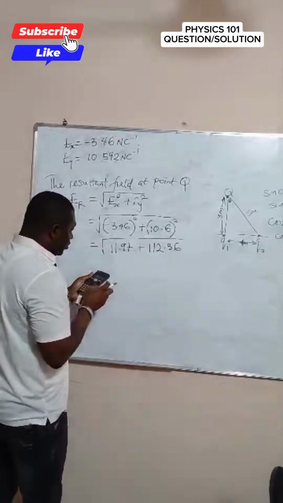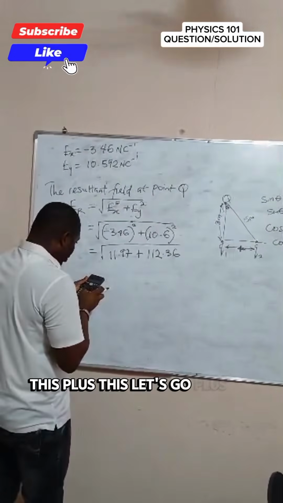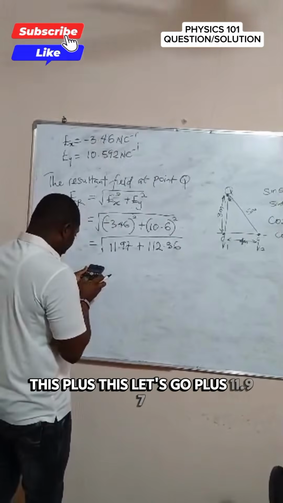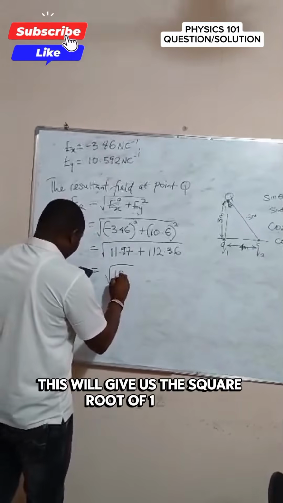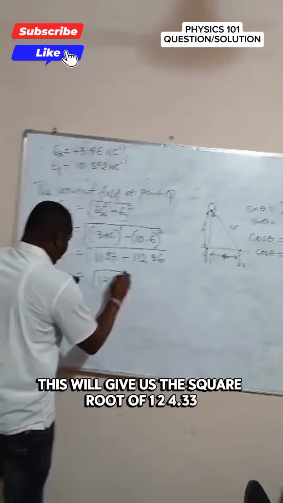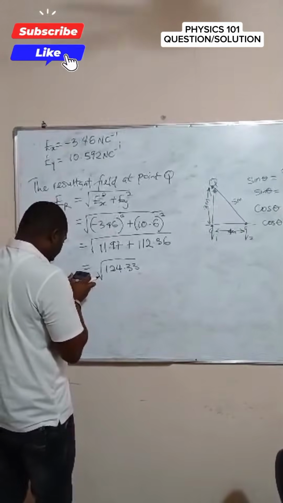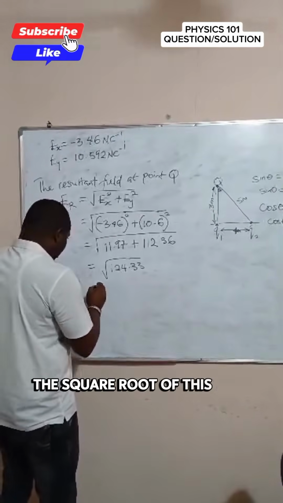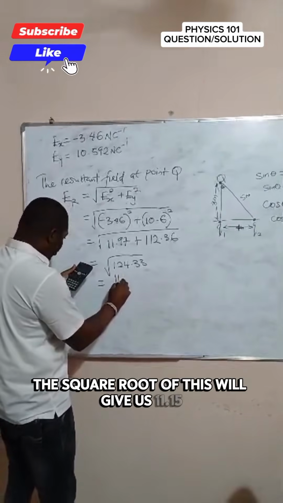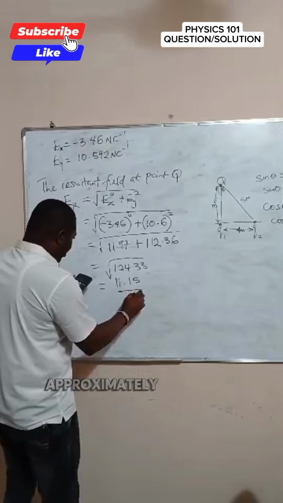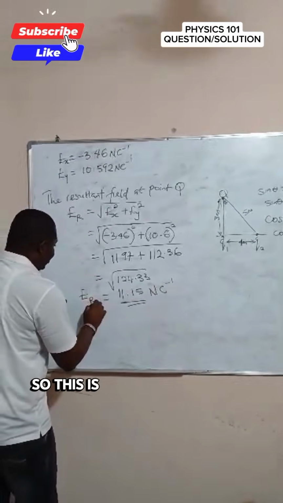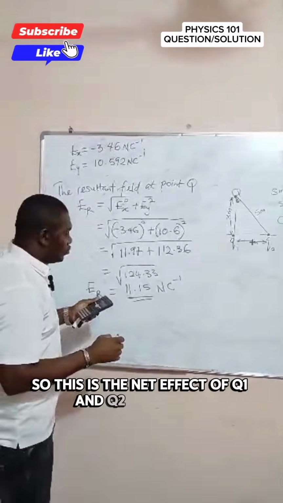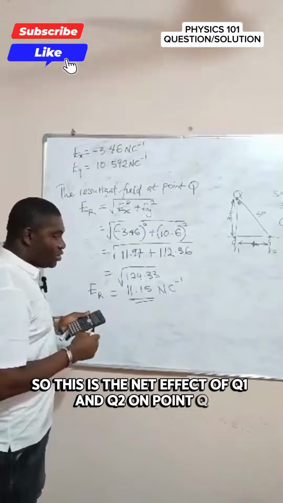So this plus this, 11.97, gives us the square root of 124.33. The square root of this gives us approximately 11.15 Newton per coulomb. So this is the net effect of Q1 and Q2 on point Q. Thank you.